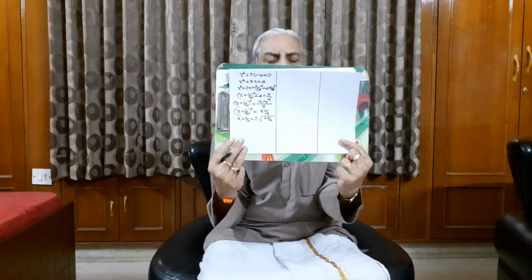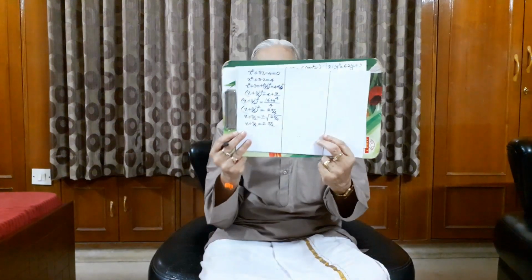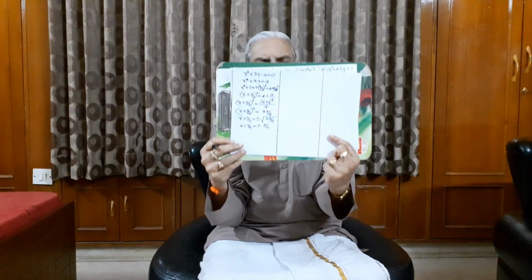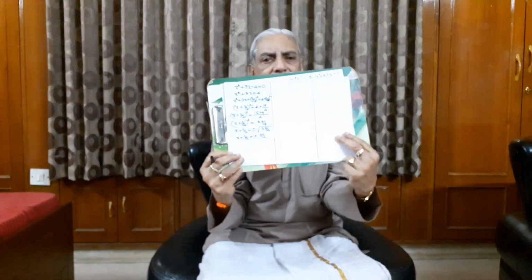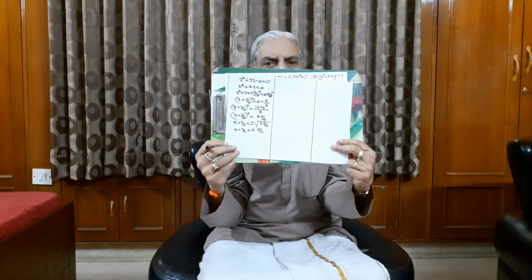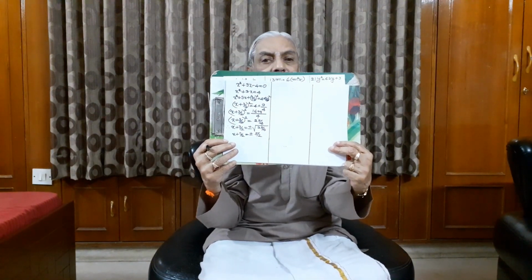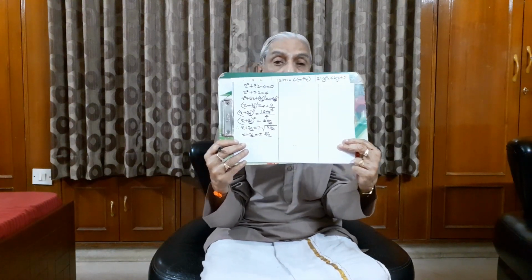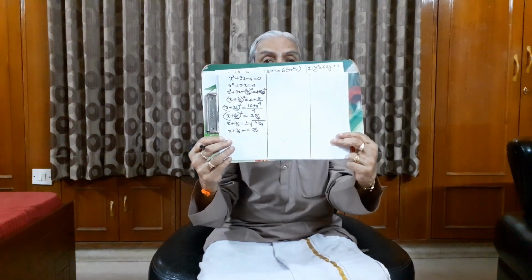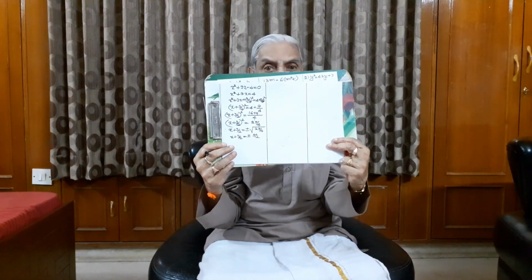Take out the square roots. That is, x plus 3/2 will now become equal to plus or minus 5/2. The square root of 25 is 5. The square root of 4 is 2. So the square root of 25/4 is the same as 5/2. Plus or minus 5/2. These are not irrational roots, they are rational roots. There is no root sign anywhere. Therefore, the roots are rational.